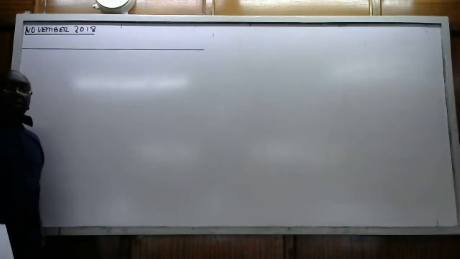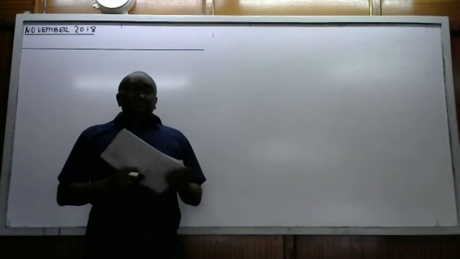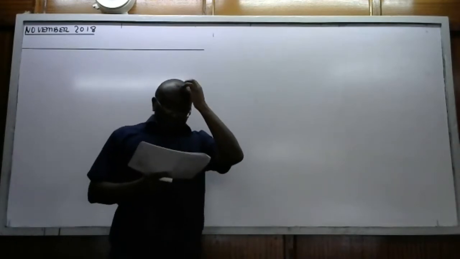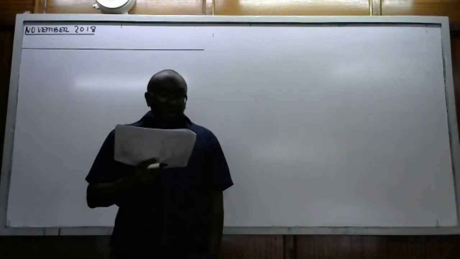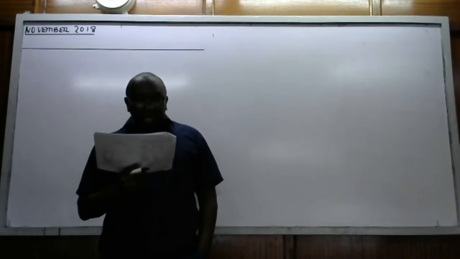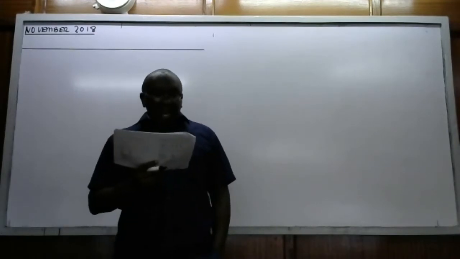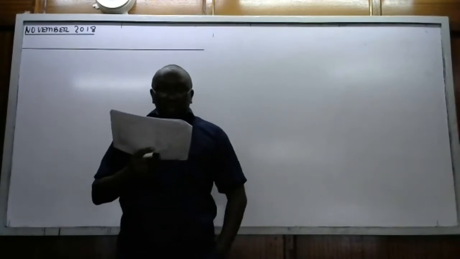So you're looking at November 2018. Question 1B. Duro Limited has two production departments, MM and LM, and two service departments, PP and QQ. For the month of August 2018, the budgeted hours and costs were as follows.